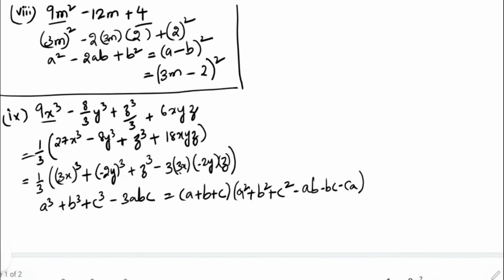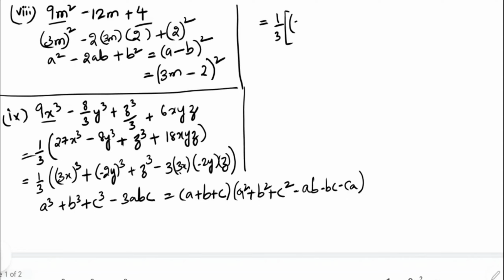Okay, so now we need to substitute the values in this formula. So already we are having 1 by 3. Okay, and a plus b plus c.